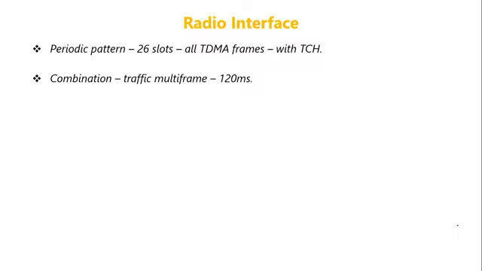The combination of these frames is called a traffic multi-frame, that is, TDMA frames with a duration of 4.615 milliseconds form a multi-frame with a duration of 120 milliseconds.